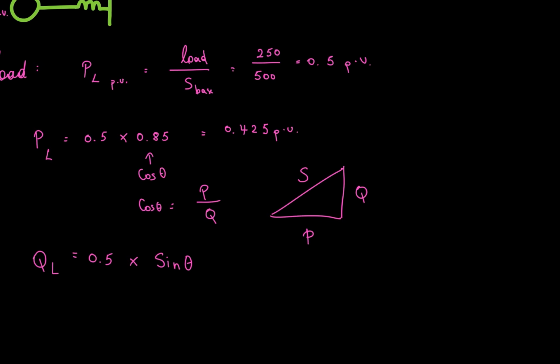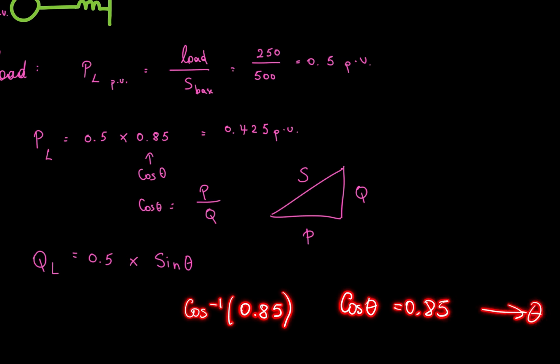But what is theta? We can find theta by doing cos minus 1 of 0.85, because cos theta is 0.85 and we want to find theta.